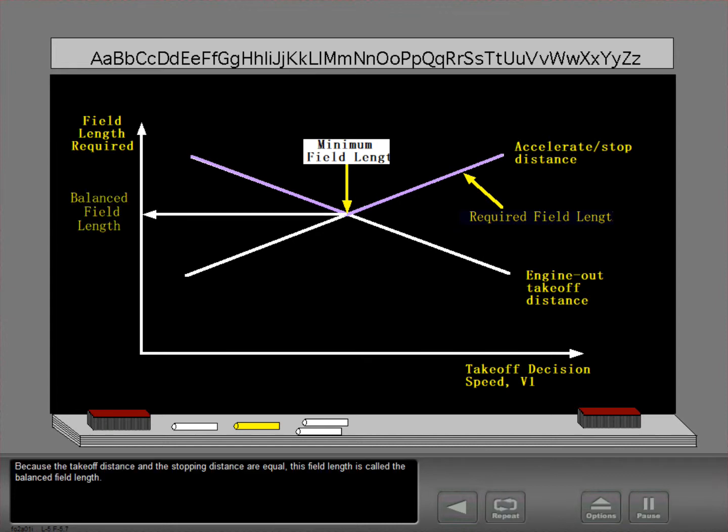Because the takeoff distance and the stopping distance are equal, this field length is called the balanced field length. If the actual runway available is equal to the balanced field length, the only allowable takeoff decision speed, V1, is referred to as the balanced V1.